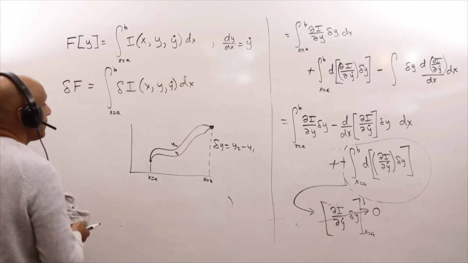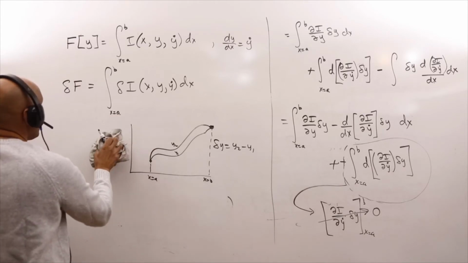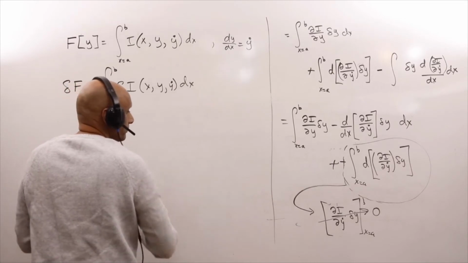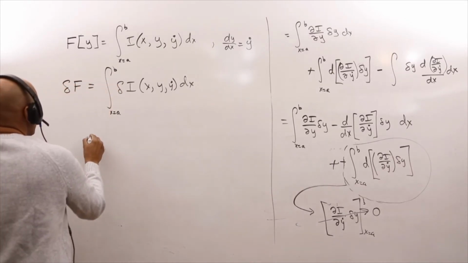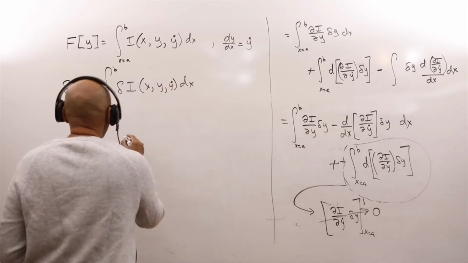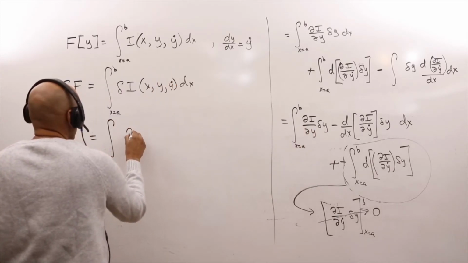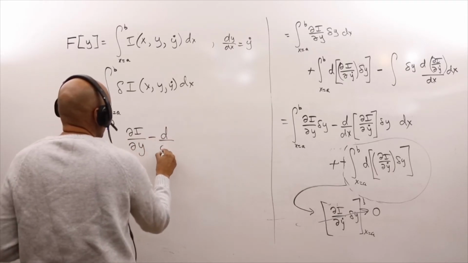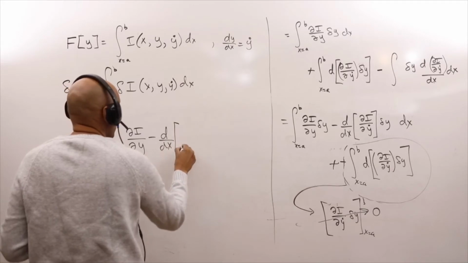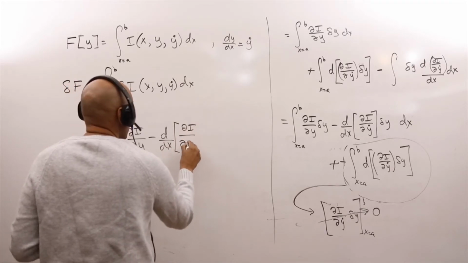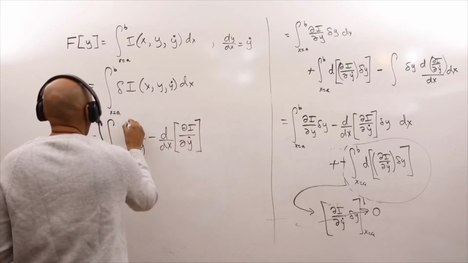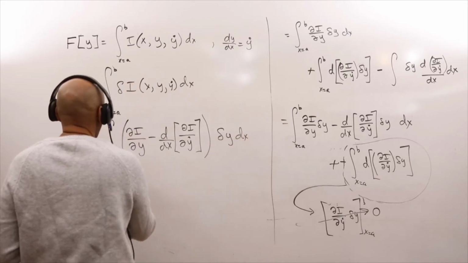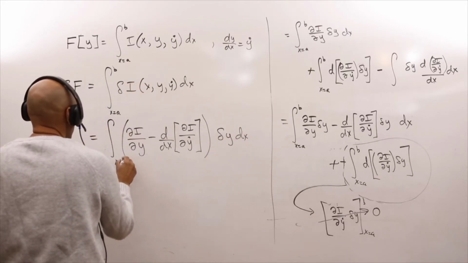And so let me write down what I've gotten so far. Let me erase this portion. And so that integral, factoring out the variation, we have this, taken from x is equal to a to b.